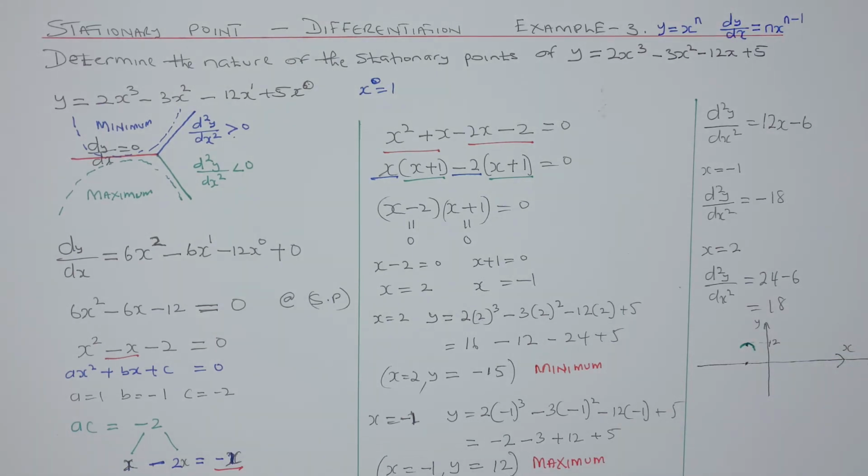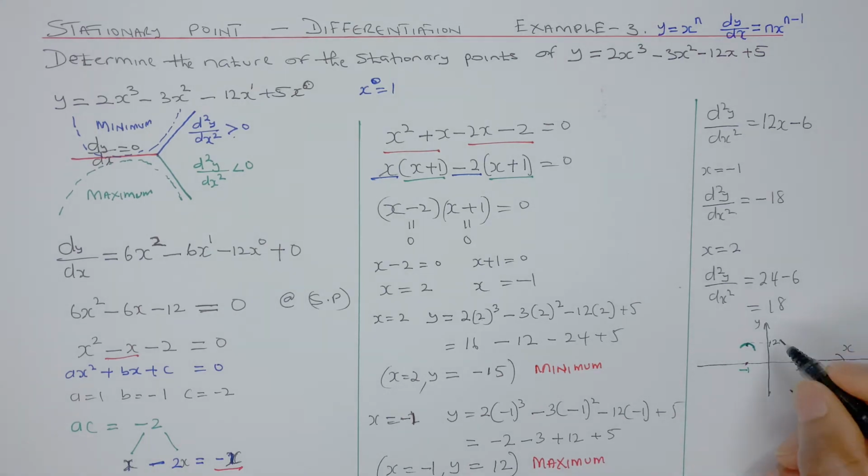And the minimum is at x equals 2, y equals minus 15. So there will be a minimum here. So that's 2, and this is minus 1.